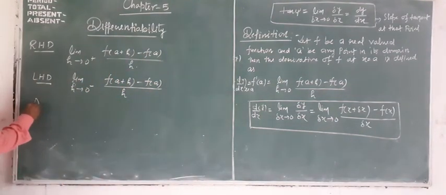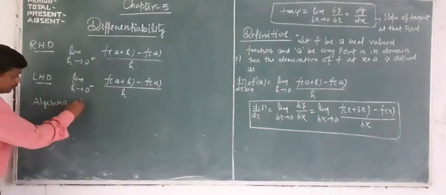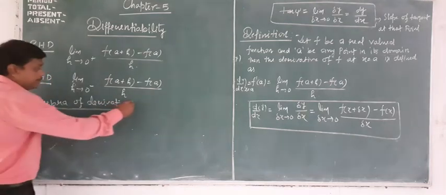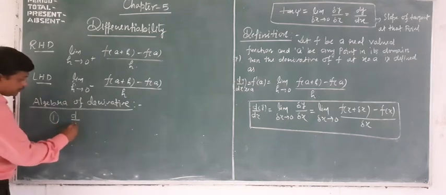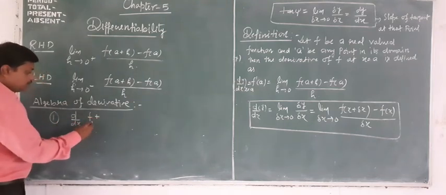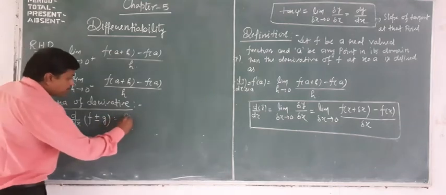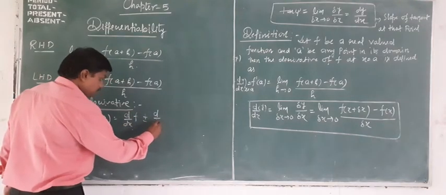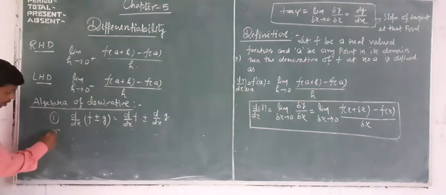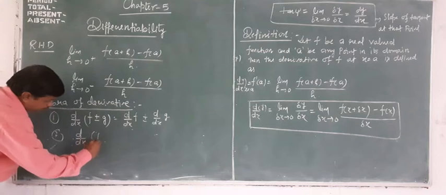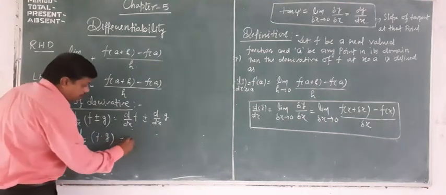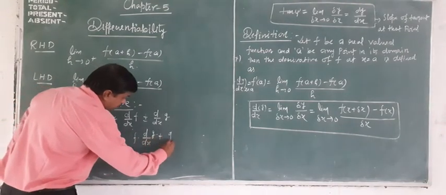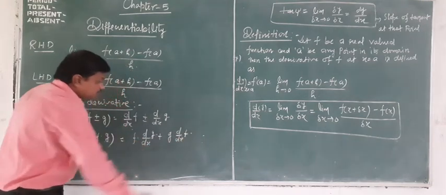So what is the algebra of derivatives? First, the derivative of f plus or minus g is equal to the derivative of f plus or minus the derivative of g. Similarly, the derivative of the product of two functions f into g: all of you know, first function times the derivative of the second, plus second function times the derivative of the first. So this is the algebra of derivatives.